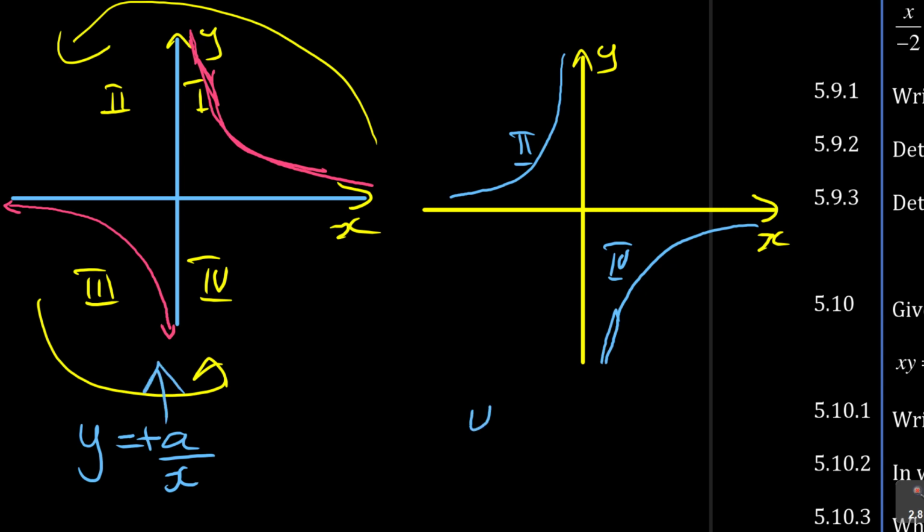And if I say y is equal to minus a over x, you'll get this type. When you see a negative, you get this type, 2, 4. So the negative deals with quadrants 2 and 4. Are you with me? And then the positive deals with 1 and 3.